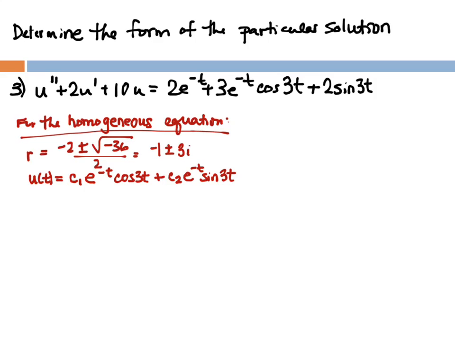All right, so let's talk about what our initial guess would look like, and then we'll talk about how things change because of this. So our initial guess, and this is for u of p.